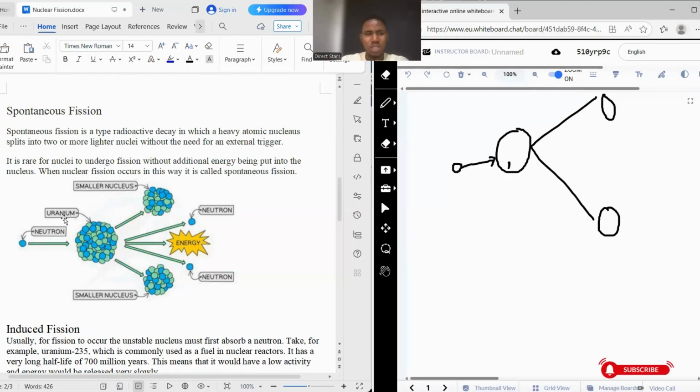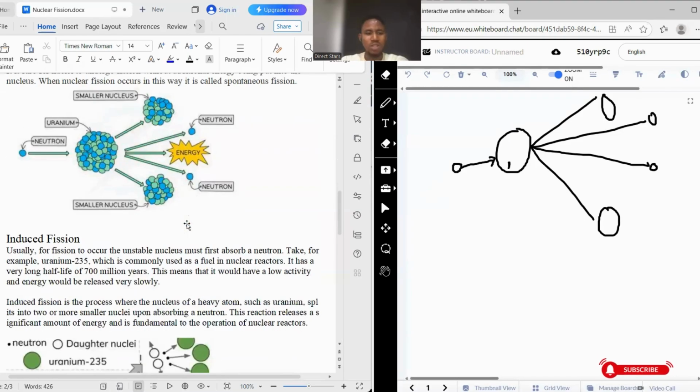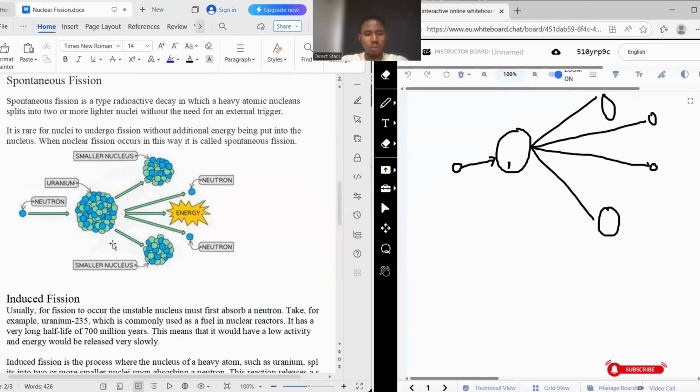But in spontaneous fission, it gives out more neutrons again with it. The smaller nuclei give out neutrons, energy, and other neutrons. This energy is because of the reaction that occurs here. That's what gives birth to the energy.